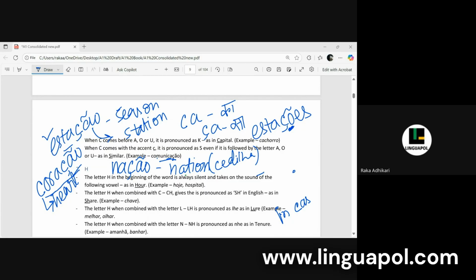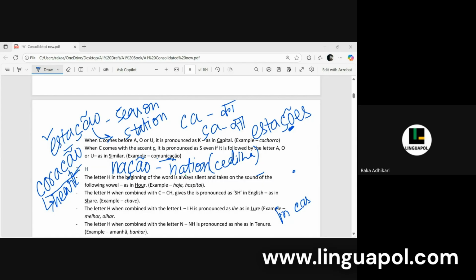There's one more trick I'd like to share with you. Most of the words that end in -tion, shan, in English, they end in -ção in Portuguese. For example, function becomes função. Education becomes educação. Nomination becomes nominação.